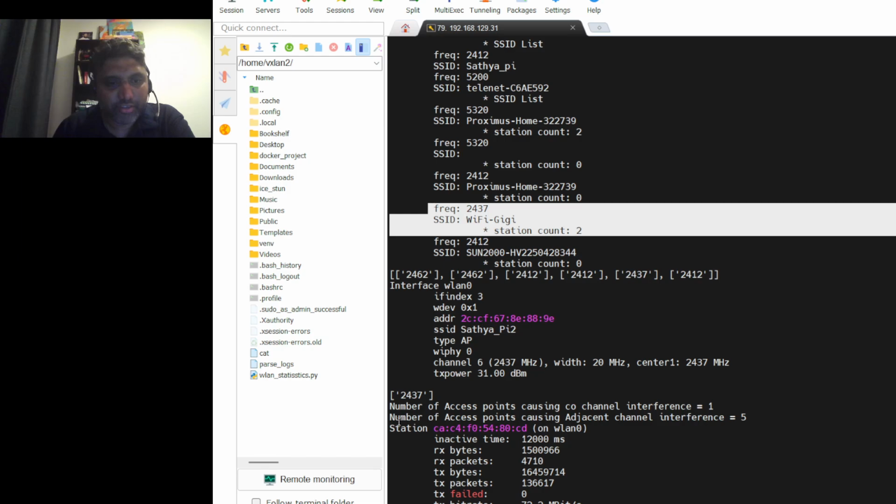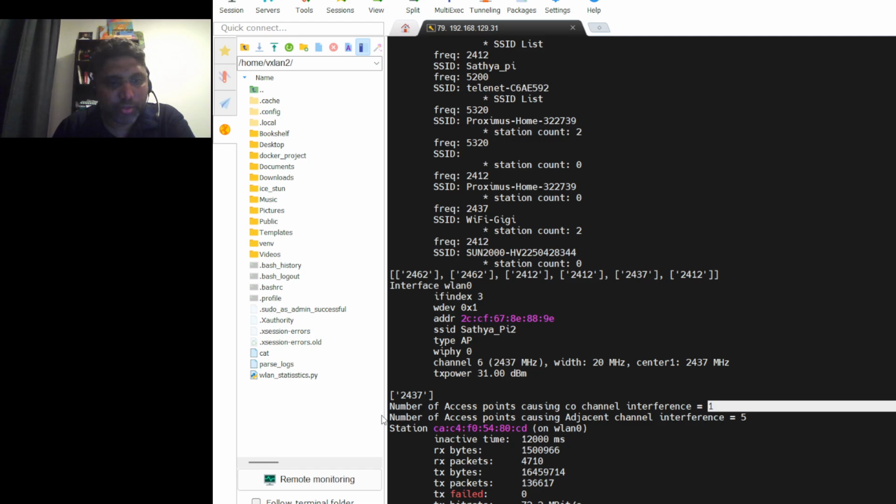That's why it says the number of access points causing co-channel interference is 1. The number of access points causing adjacent channel interference is 5: except 2437, that is 1, 2, 3, 4 and 5. 2437 is not considered because it is co-channel interference. That's why it's printing 5.